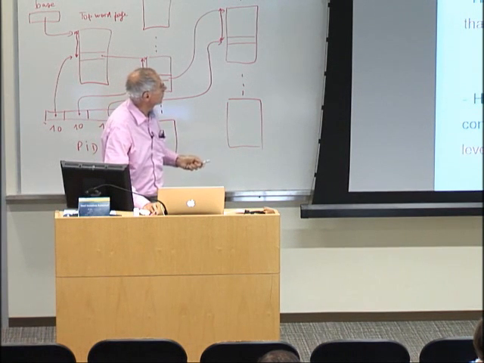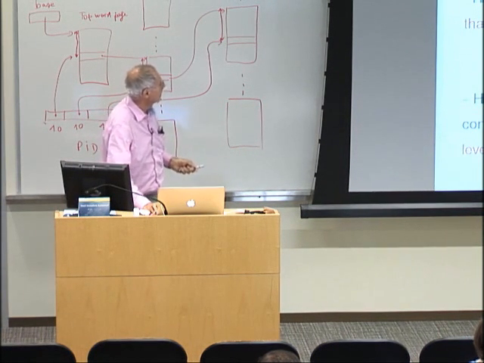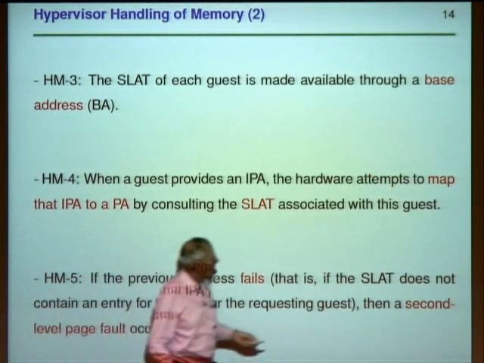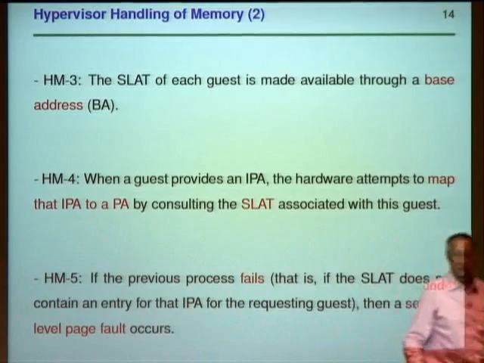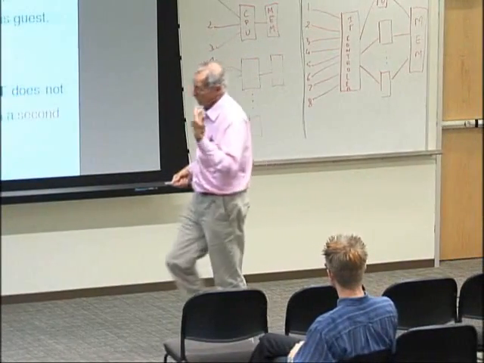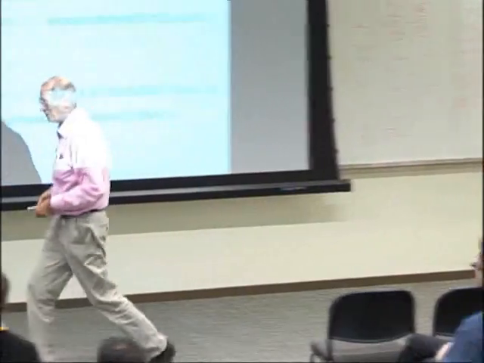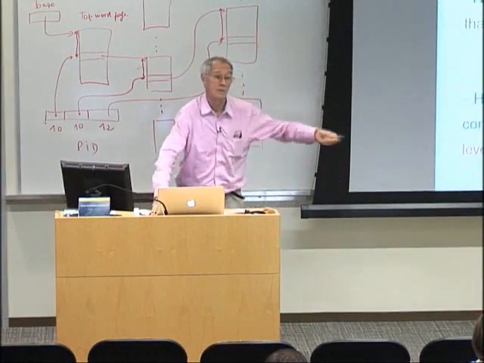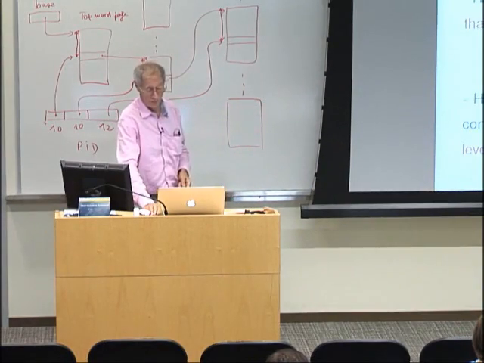This is a description of what I've just stated, the connection through this map of an IPA to a PA. And of course, if this process fails, it is because the IPA provided by the guest is a bad one. So we have a second level page fault, and the hypervisor reports to the guest and probably kills the guest because it is trying to access a faulty address.